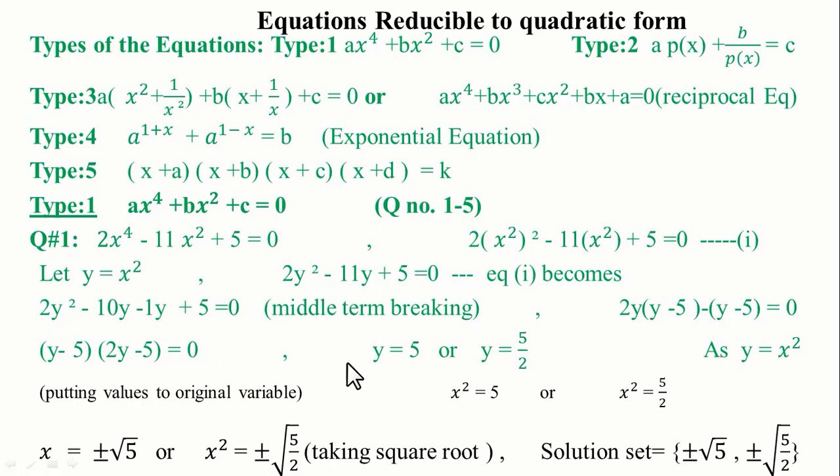Now the factors are y minus 5 into 2y minus 1 is equal to 0. This implies that y minus 5 is equal to 0 or 2y minus 1 is equal to 0. So y is equal to 5 or y is equal to 1 upon 2.